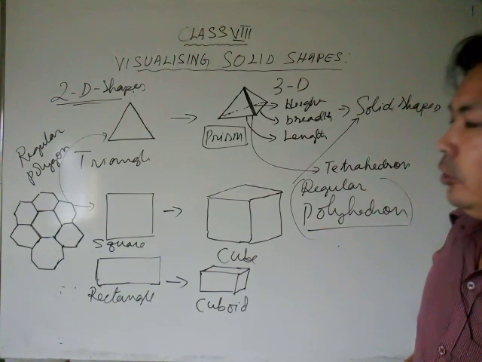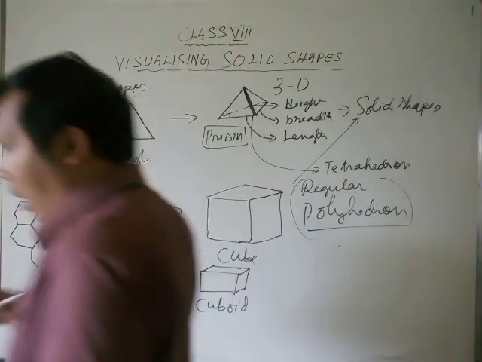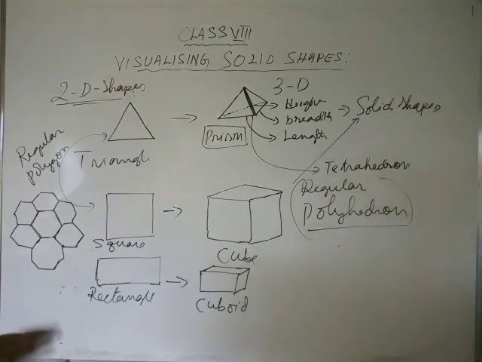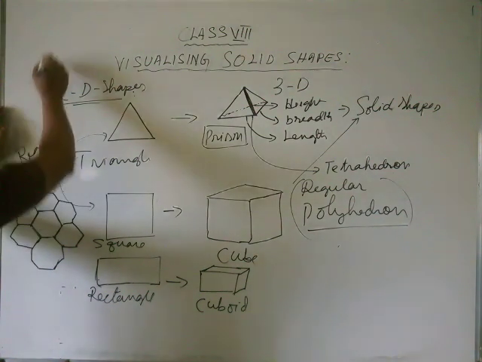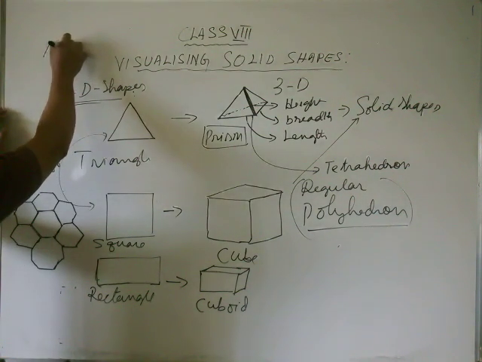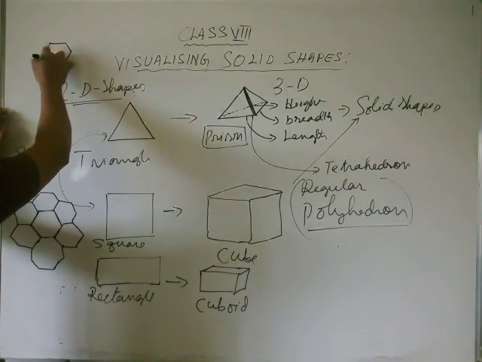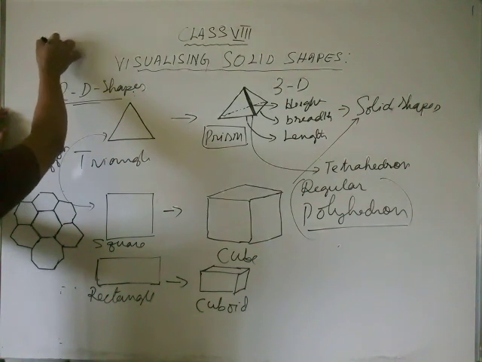Clear? So if you find that all the faces are hexagons, for example, let's say I will just draw once more like this. This hexagon here, for example, like this. Some 3D shapes, let's say.